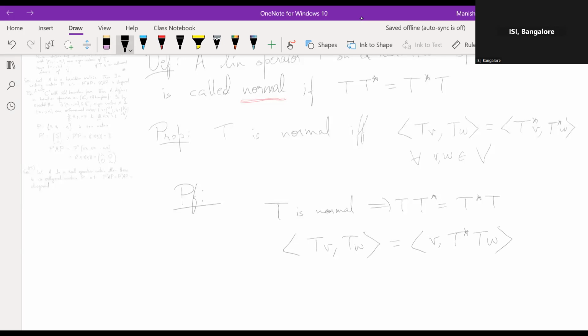Here I'm not using anything yet, but we know that T star T is the same as T T star. So we can write it as V, T T star W. We also know that T is the same as T double star. So then this is the inner product of T star V and T star W.